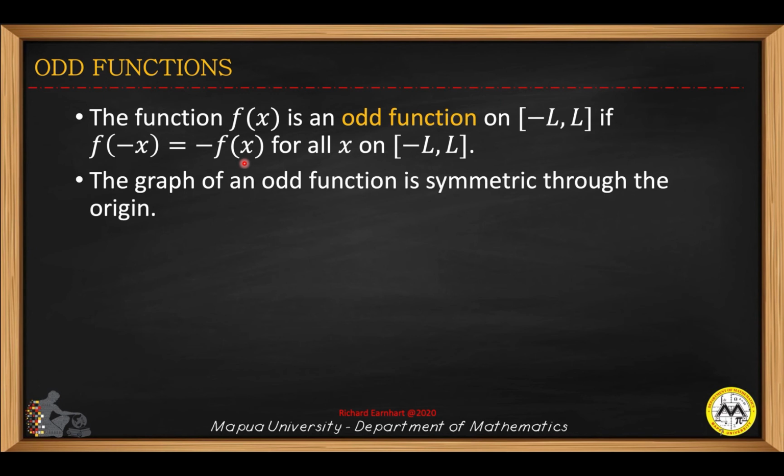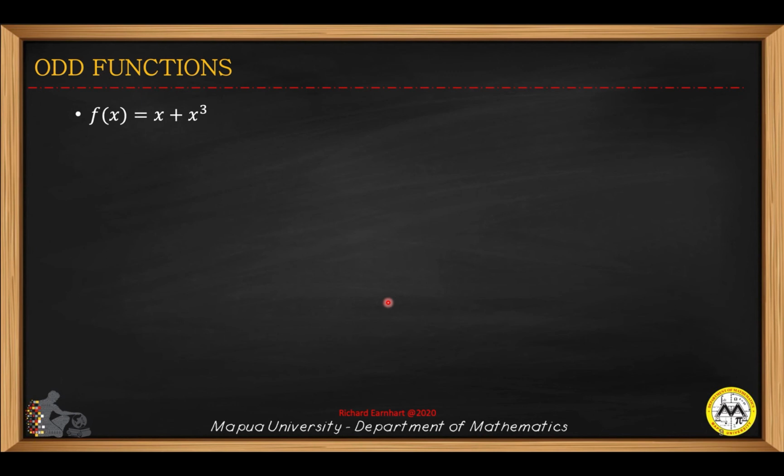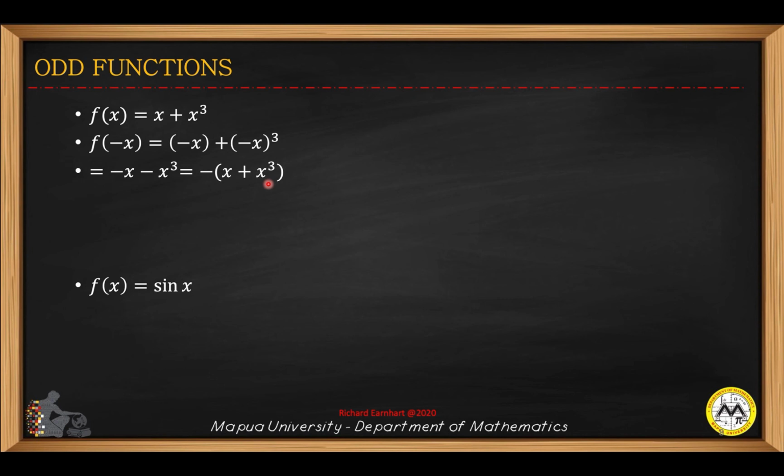The graph is symmetric through the origin, and the integral from negative L to L of f of x dx is equal to 0. x plus x cubed is an odd function because negative x plus the cube of negative x is the negative of the original function, the negative of the quantity x plus x cubed. Sine x is known to be an odd function because sine of negative x is negative sine x.